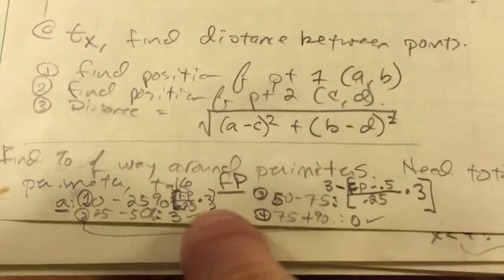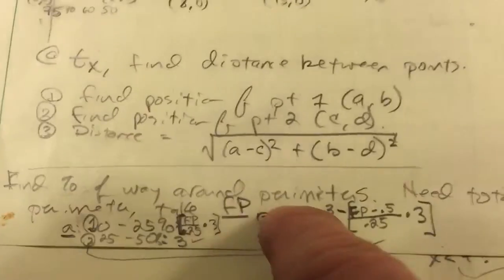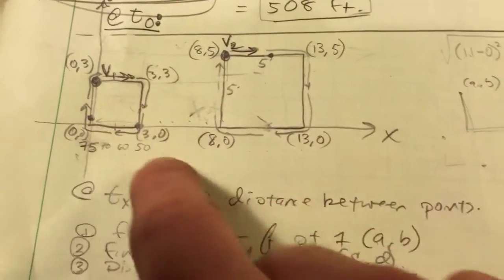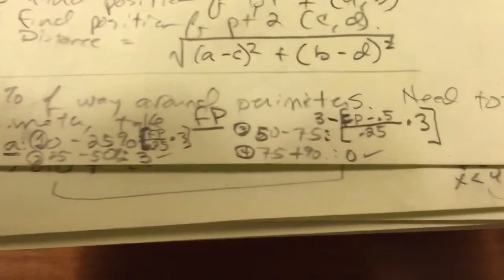Same with that box. So you break it down into those 4 ranges, for both boxes, because they have different perimeters and different velocities, so they'll be at different percentages of the way around. You figure out which leg they're on, and then plug in the math for that.